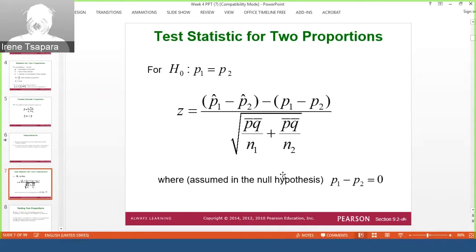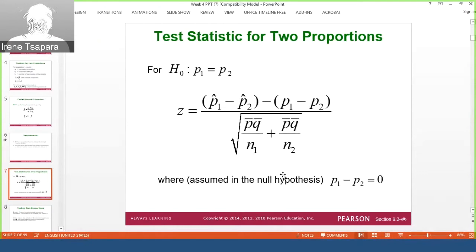Now at the denominator, we have the square root of p bar times q bar over n1 plus p bar times q bar over n2. Similar to what we had last week, the square root of p hat times q hat divided by n. There we had one sample, now we have two samples.